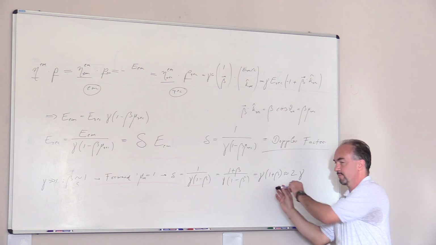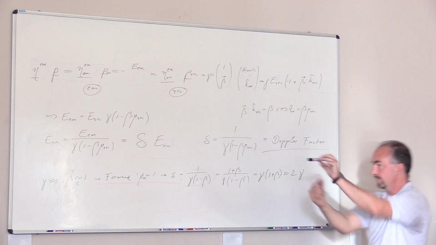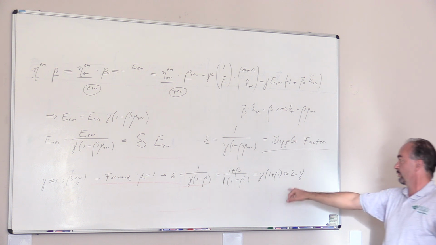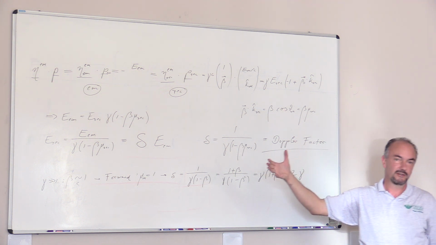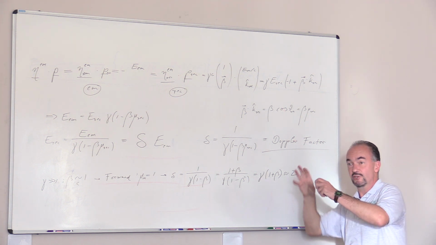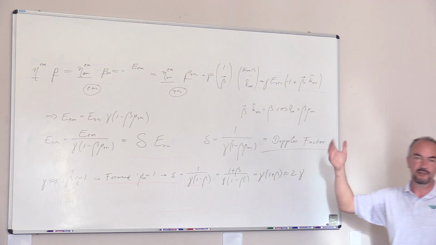So if photons are emitted in the direction in which we see them, in the forward direction, then we see them Doppler shifted by 2 gamma, the Doppler factor. And in astrophysics, in active galaxies or gamma-ray bursts, we actually have emission regions that are apparently moving close to the speed of light with Lorentz factors of 10 or so.